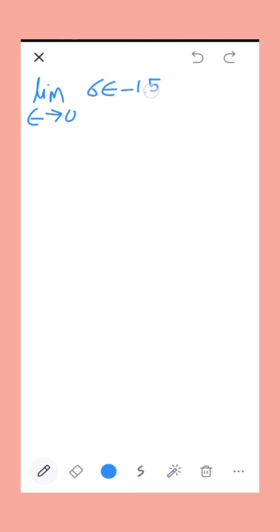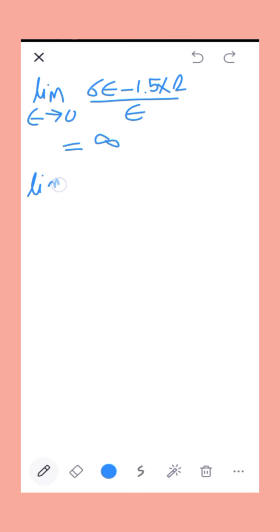Minus 1.5 into 2 upon epsilon. Now put the limit epsilon tends to 0, so we get divided by 0, which is infinity.